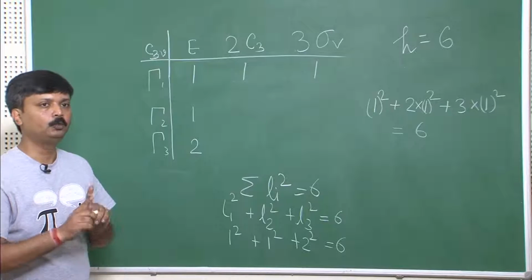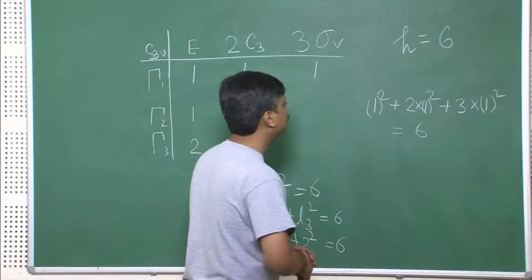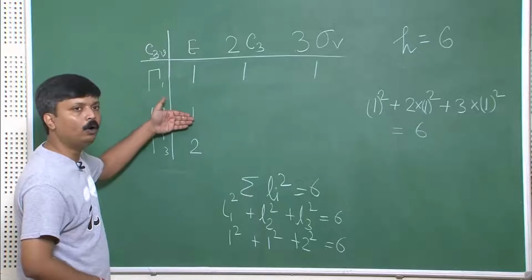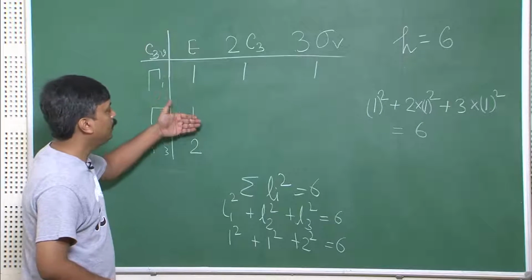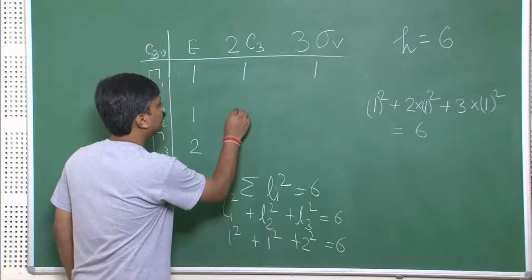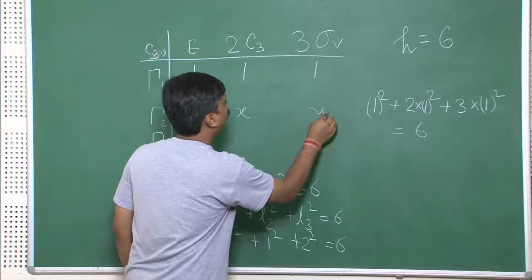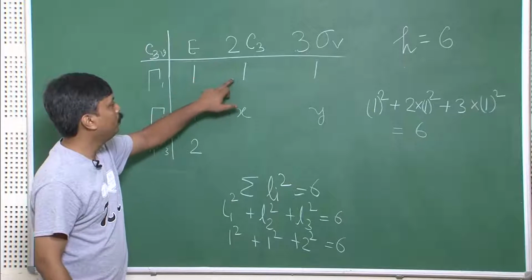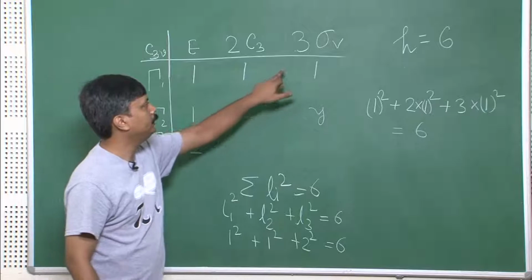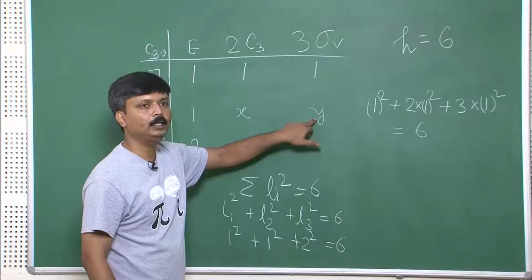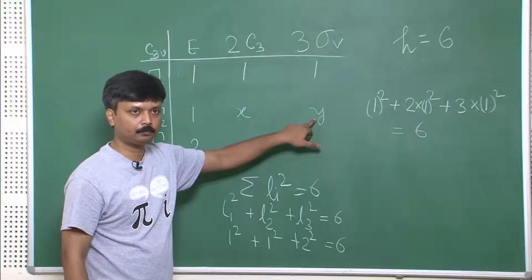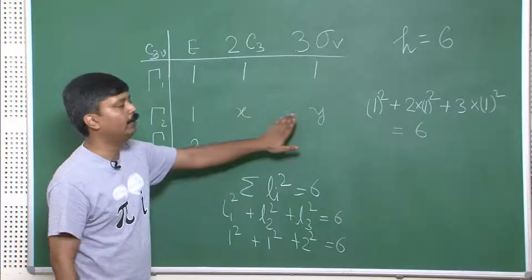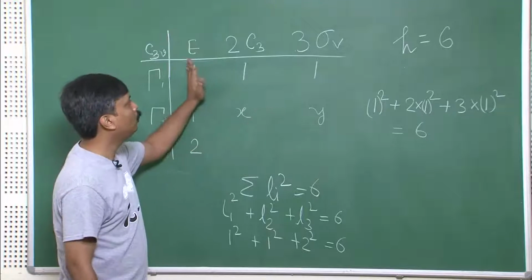That is true for any two irreducible representations. So, gamma 1 and gamma 2 should be orthogonal, meaning if say this character is x and this character is y, then 1 into 1, plus 2 into 1 into x, plus 3 into 1 into y should be equal to 0.